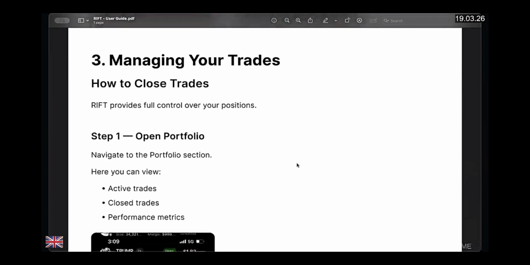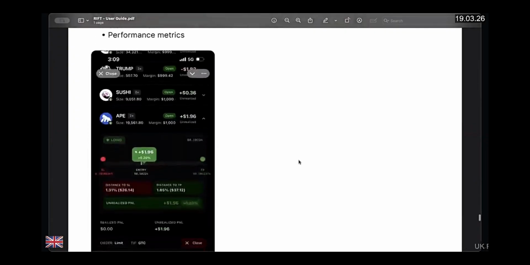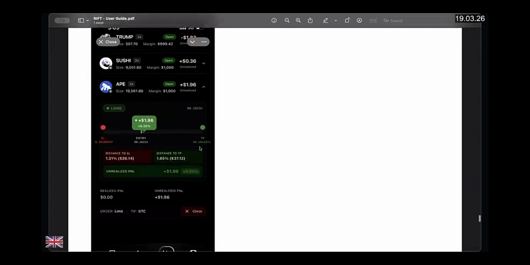Then how do you manage your trades? You can individually close particular trades that you see profit on. In this particular trade, there is unrealized profit of $1.96. So we can close this particular trade.